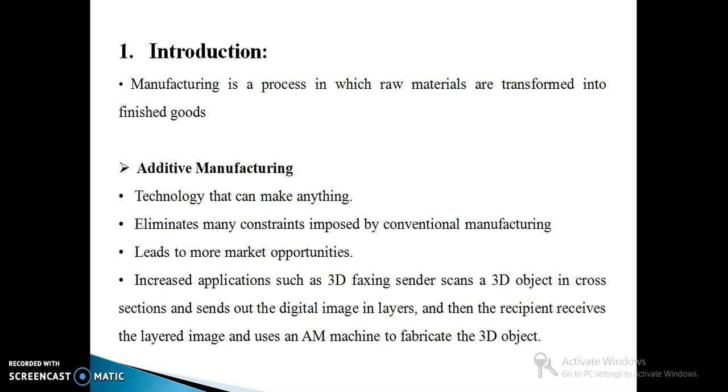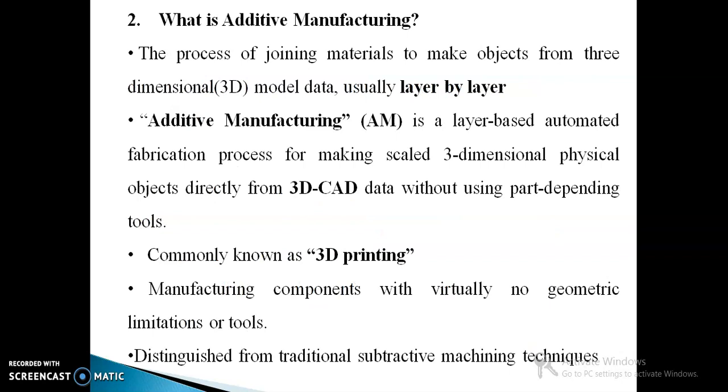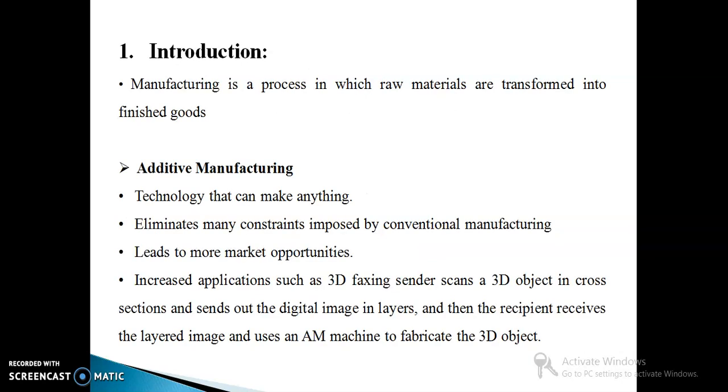Now, what is a manufacturing process? All of you know about the manufacturing process. It is the process which transforms the raw material into finished goods. A variety of manufacturing processes are available, mainly classified into conventional and non-conventional types. The non-conventional manufacturing process is also called an advanced manufacturing process.